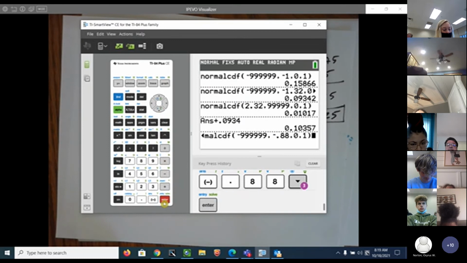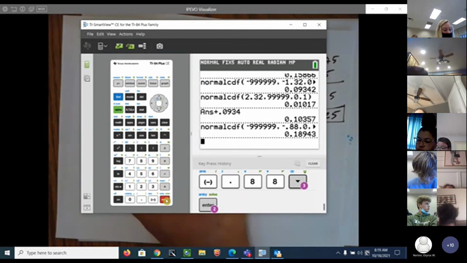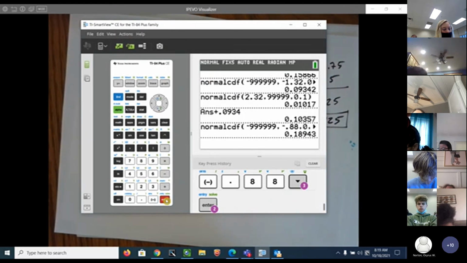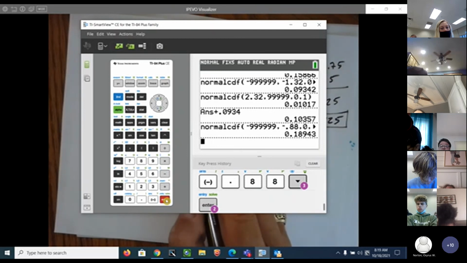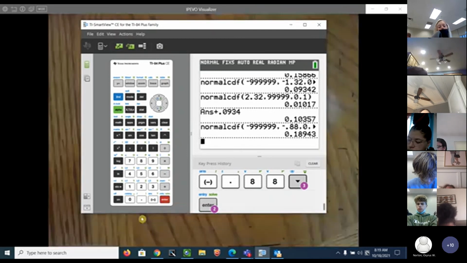Let's see how close I am. Ooh, way off. 0.1894. I don't know why I'm off by that much. I think I might have misestimated my 34%.